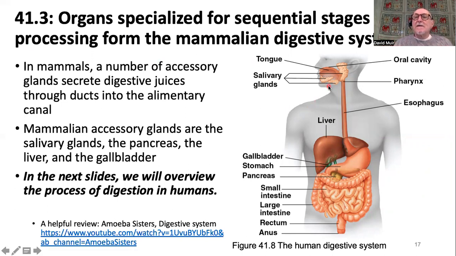In our own case, here we see the tube running all the way through, mouth to anus. But accessory to that tube are complex glands, which are going to contribute the digestive juices, digestive enzymes, for example, which then are passed into the tube in order to effect digestion.